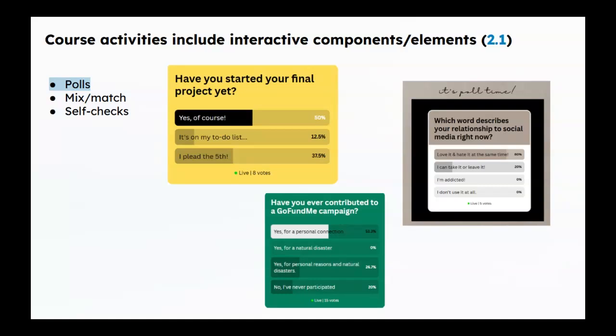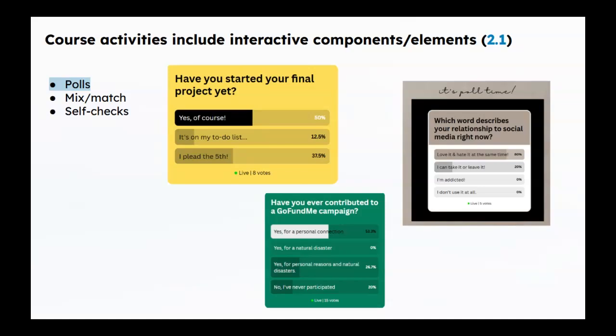I create small informal polls that have to connect to the topics that we're talking about, but they're not related to course material per se. So for example, in one of my courses, I teach a course on social media and emerging technologies. We talk about crowdsourcing, and one of the questions I asked on the crowdsourcing module is, have you ever contributed to a GoFundMe campaign?